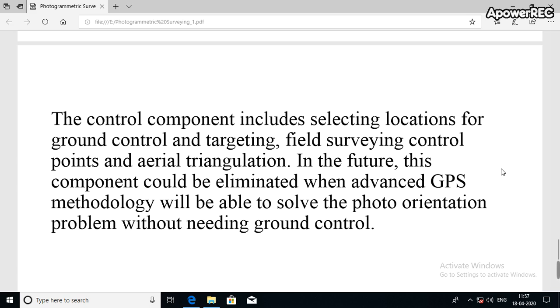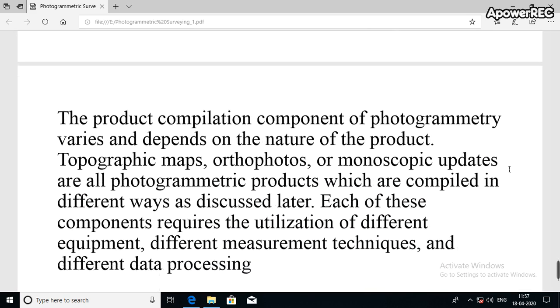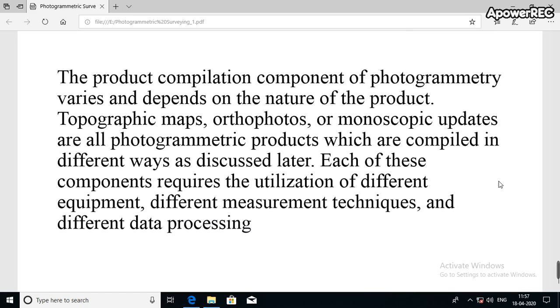Ground control means we need to select some control points from the ground where we will be collecting the image. If we get the exact location with the help of GPS, we can easily remove this particular step.